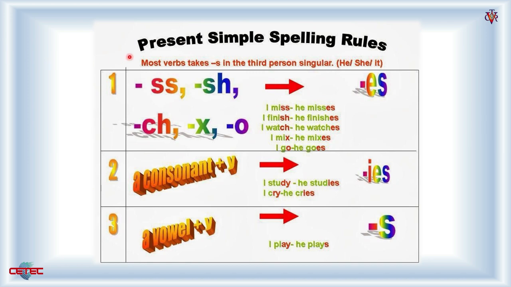Now, let's check present simple spelling rules. Most verbs take an S in the third person singular. He, she, it. In rule number 1, verbs that end in double S, SH, CH, X, or O, we have to add ES at the end of the verb, but only with he, she, it.